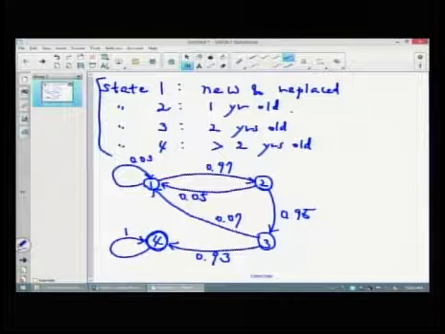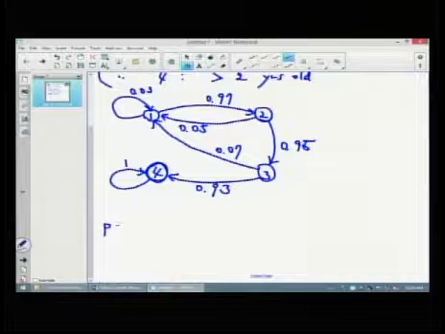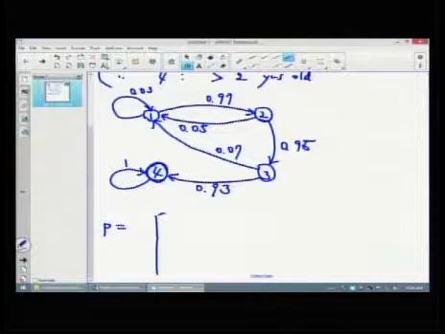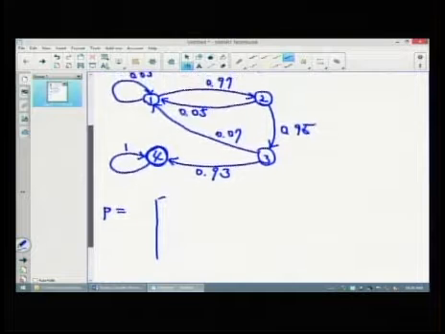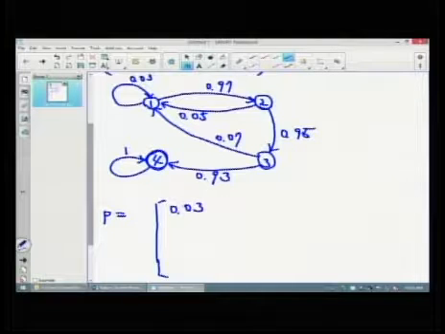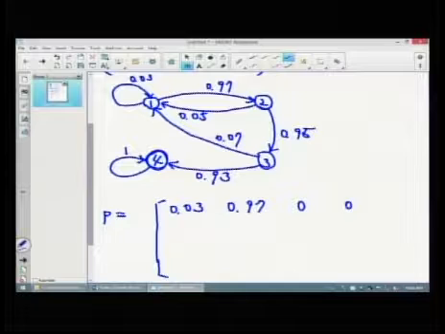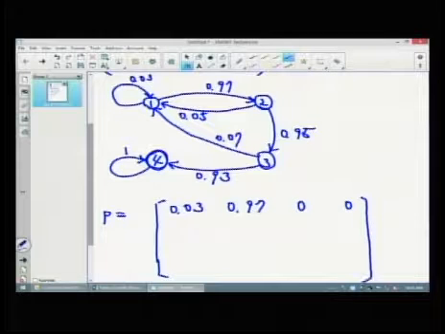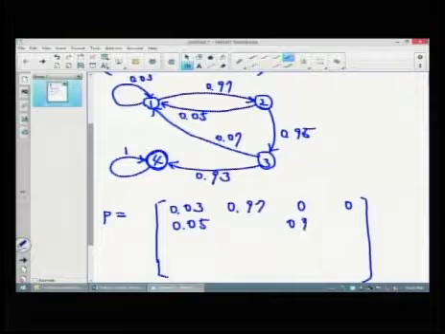Okay, so based on that, we can build up the one-step transition probability matrix, P. Starting from 1 to 1 is 0.03, 1 to 2 is 0.97, 1 to 3 and 4 become 0, right? 2 to 1 is 0.05, 2 to 3 is 0.95.